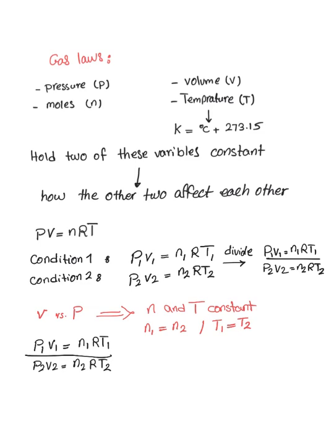So if N1 equals N2 and T1 equals T2, we can simply cancel out these variables, and R is also constant, so it can be cancelled out, and we will have P1 V1 over P2 V2 equal to 1.